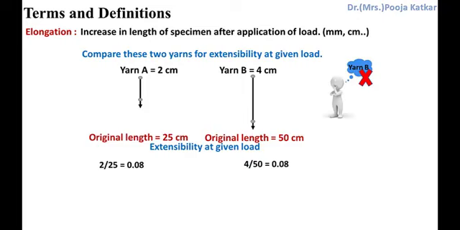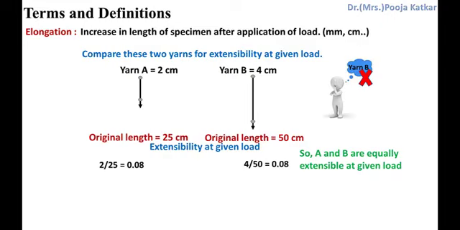Ultimately, extensibility at given load for yarn A will be 3 upon 25, which is 0.08, while for B it is 4 upon 50, which is 0.08 again. So we can conclude that yarn A and B are equally extensible at given load. This concludes that the term elongation cannot be used for comparing different yarns or different textile strands for their extensibility.